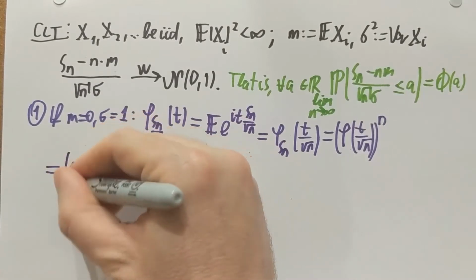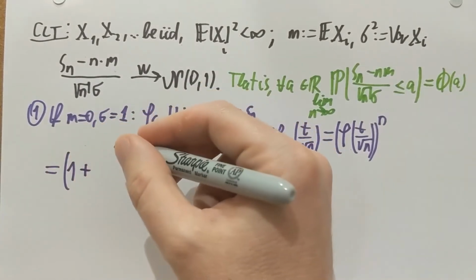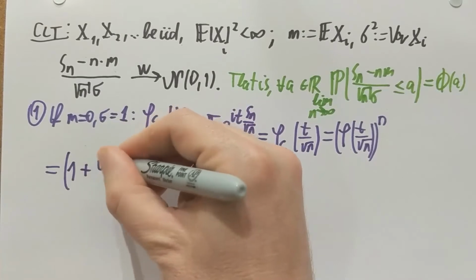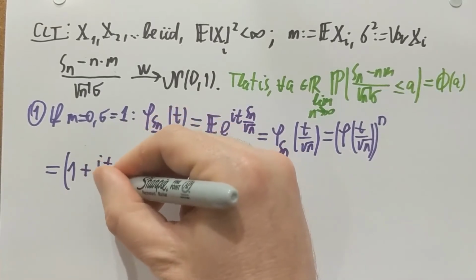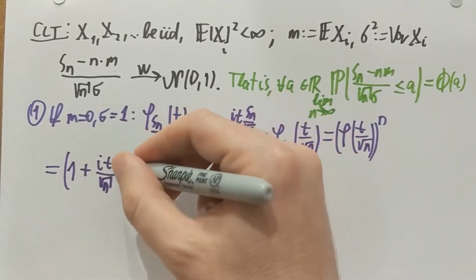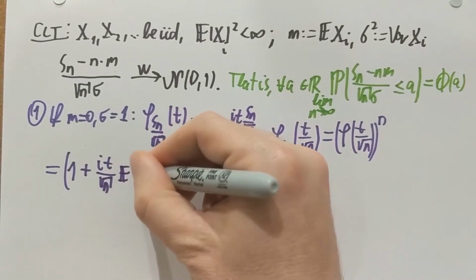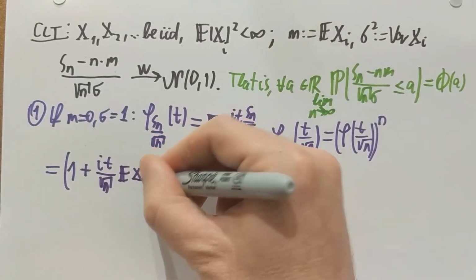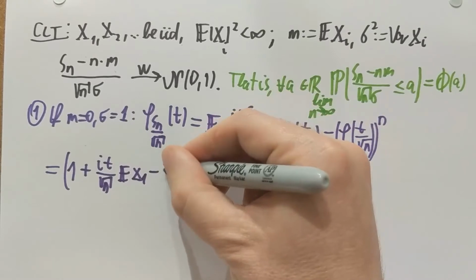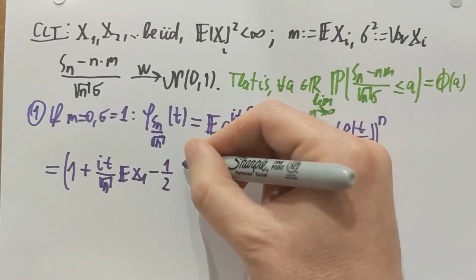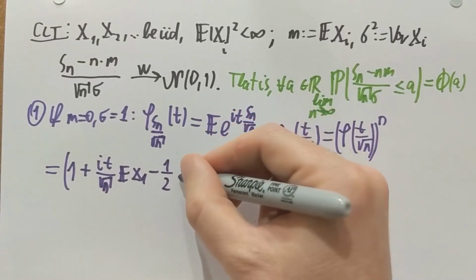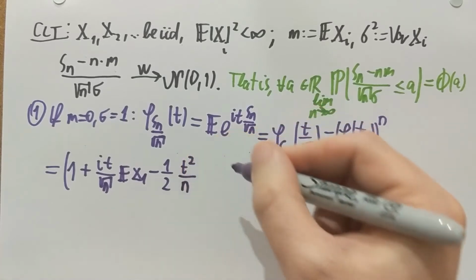K equals 0 is 1. K equals 1 gives me an it over root n. Anywhere I had t before, I have now t over root n, times the mean of the Xi. K equals 2 gives me one half the square of it over the square of root n.